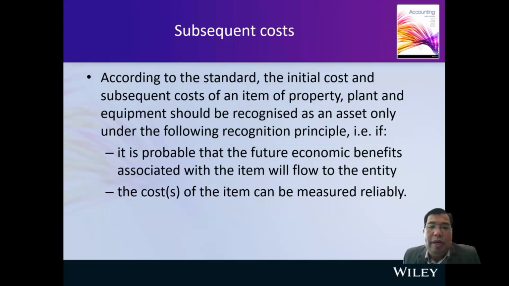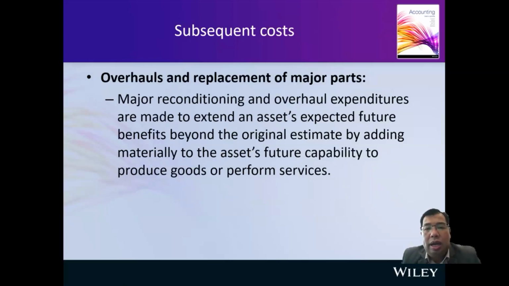So this is the principle in determining the cost of the PPE, the initial cost as well as subsequent cost. Subsequent cost means cost incurred after the date of acquisition.